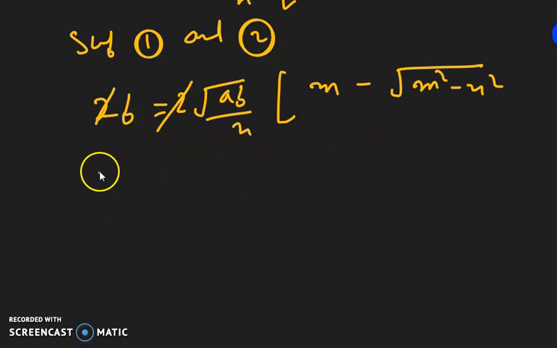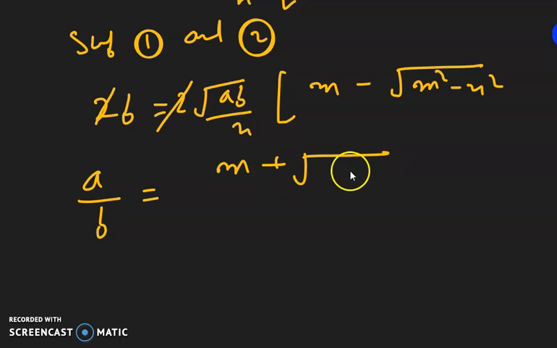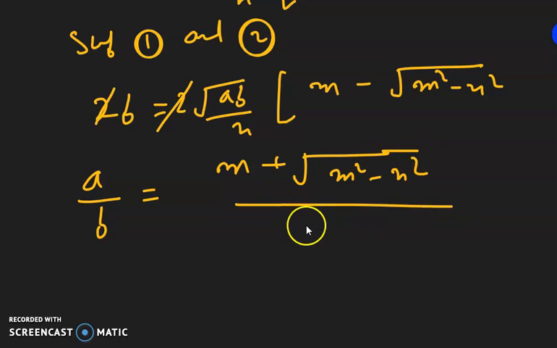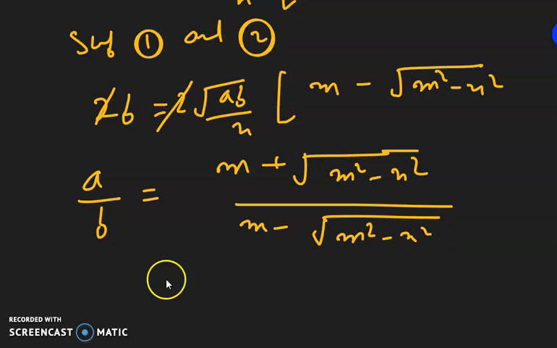So the question is asking a by b is what? Which is very simple. These two quantities will get cancelled and we'll get the value of a by b as m plus square root of m square minus n square, divided by m minus square root of m square minus n square.